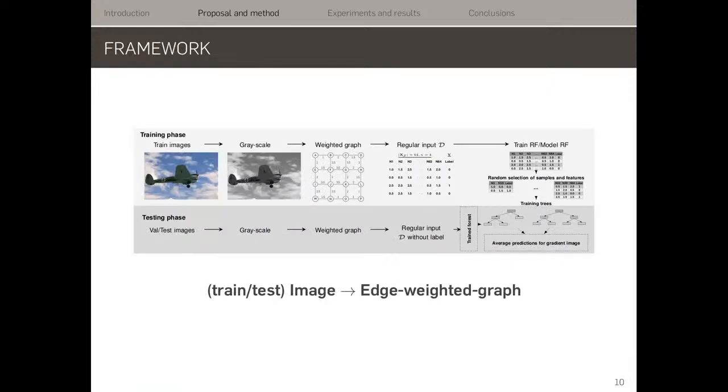Here we have a look at the proposed method. From the training image, we transform to grayscale to calculate the graph. On the graph, each vertex represents a pixel, and the edges represent the similarity between the vertices. To create the regular input of this graph, we take each vertex neighborhood and the neighbors of the neighbors in a vectorial representation. We also add low-level descriptors stored on the vertex.